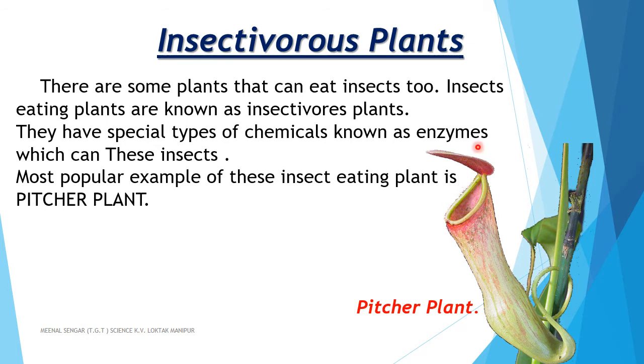So this is the pitcher plant in which there is a lid, and on the inner side of this pitcher it has small glands which secrete enzymes. These enzymes are also known as digestive enzymes, which help the plant to digest something. That is why this plant can easily digest any insect.